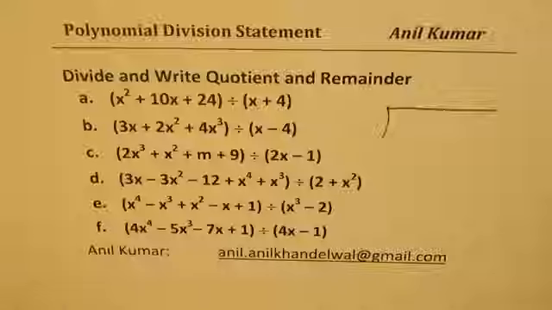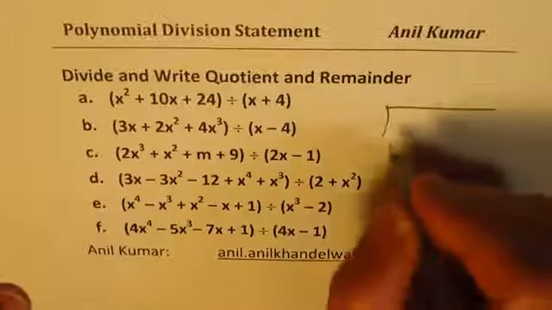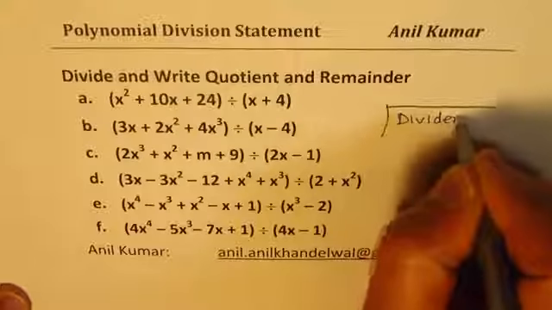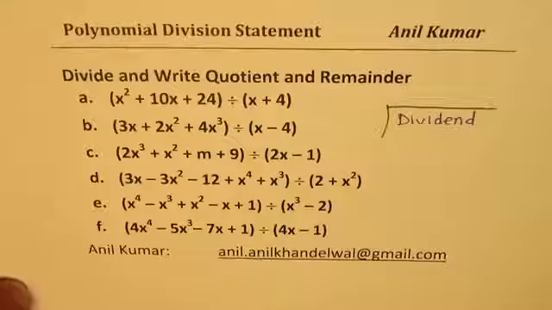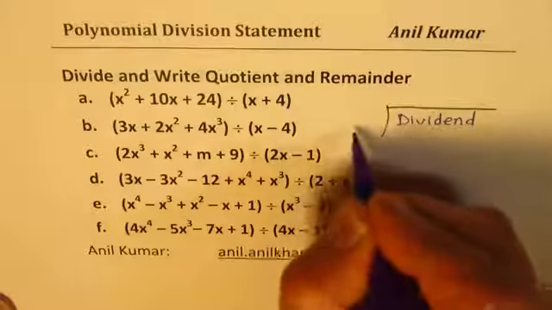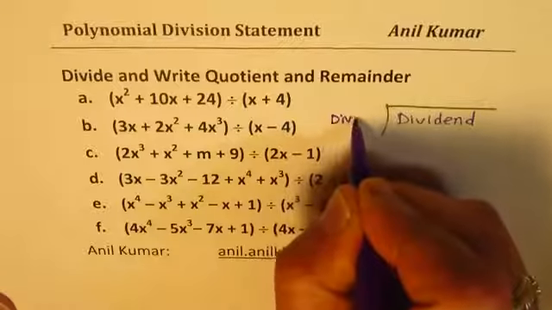Whatever comes here is called dividend. Then the number which you divide by is called divisor. The polynomial, which is here x plus 4, will be called divisor.